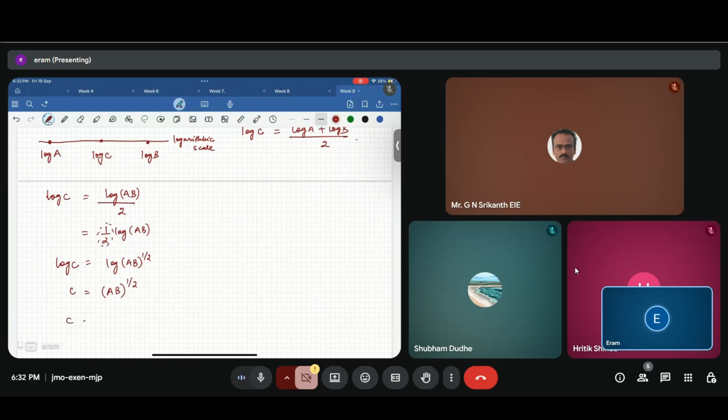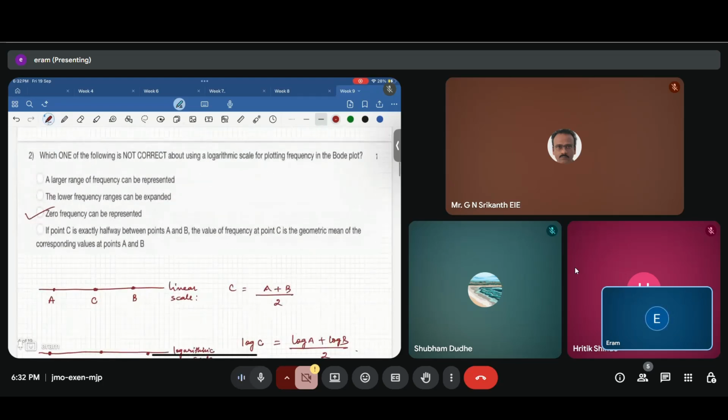That means C equals the square root of AB, and this is nothing but the geometric mean. So the last option is correct. If point C is exactly halfway between point A and B, the value of frequency at point C is the geometric mean of the corresponding values at points A and B.